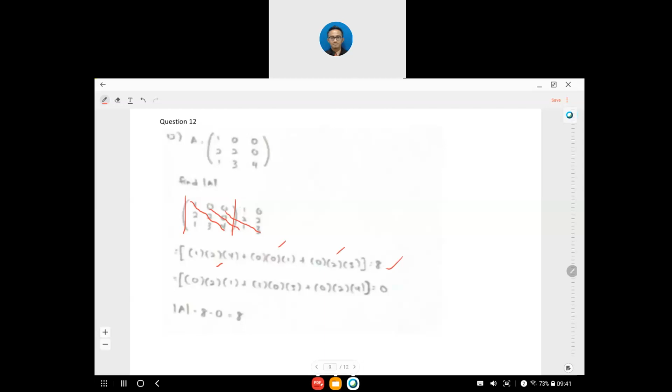Okay. And then another one is 1 times 2 times 0, 3 times 0 times 1, 4 times 2 times 0. So you can get 0. So the determinant equal to 8 minus 0 equal to 8. Okay.